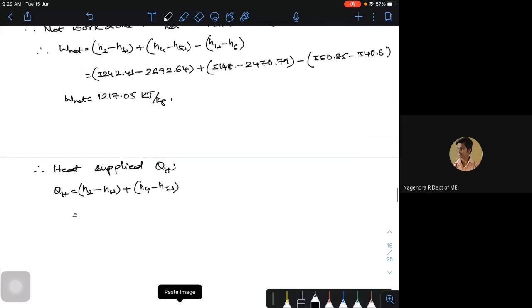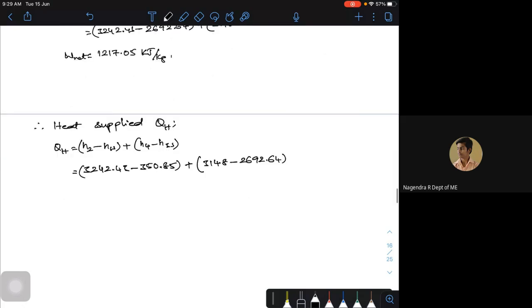H2 is equal to 3242.43 kilojoules per kg, minus H1S, which is 350.85, plus your H4, which is 3148, minus your H3S, which is 2692.64. So this is my heat supplied.